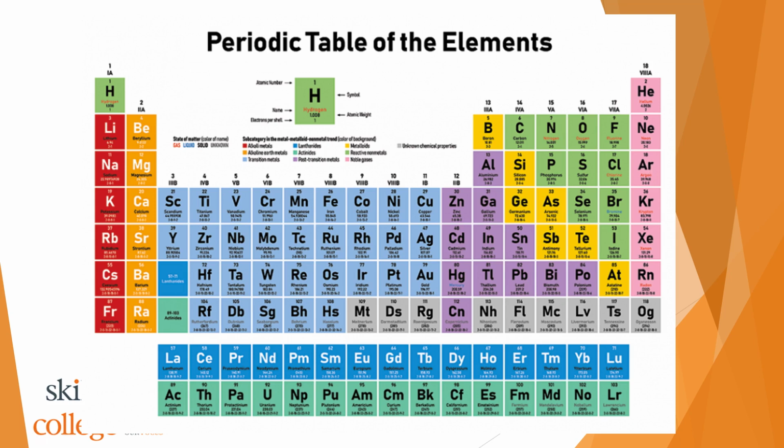So what you'll find is if you go down the columns of elements, you will find that they all share similar properties in terms of the number of valence electrons. So the valence electrons in this group, they're all stable, so all the electron shells are full.